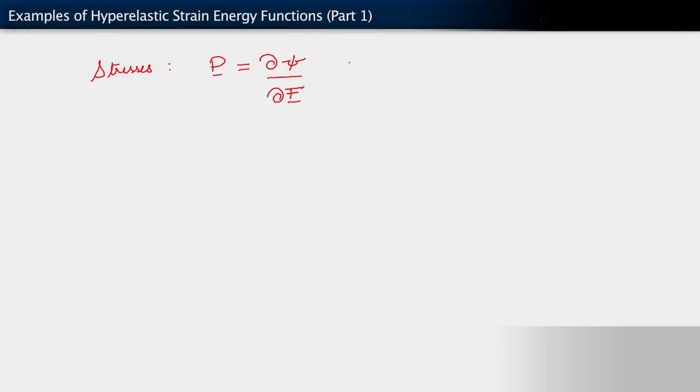Now, it is a not terribly difficult manipulation to show that, well, okay, the first thing we can show is that once we have this form, we can also write this as a derivative of maybe E, but then we would be using this form of the strain energy function, right?